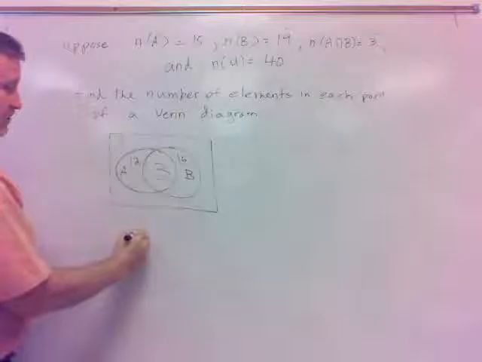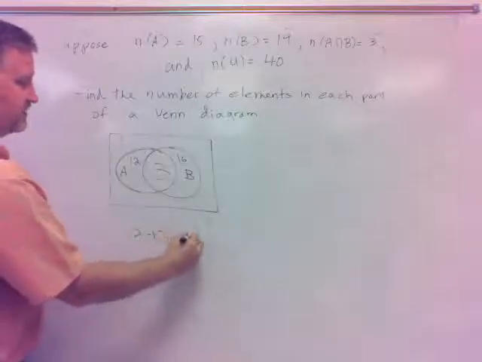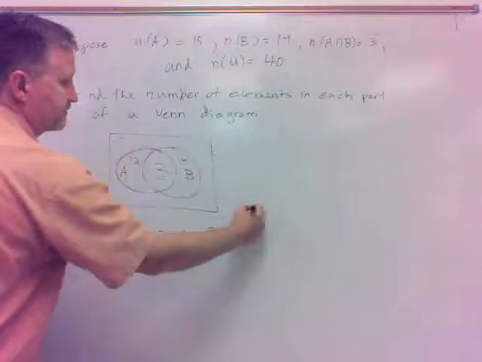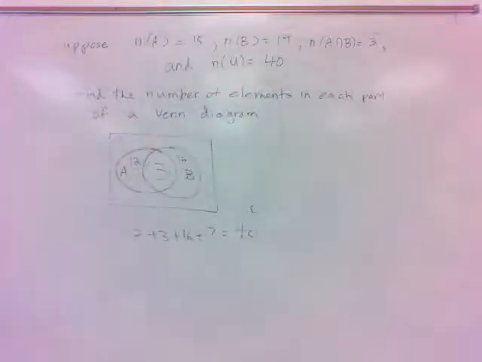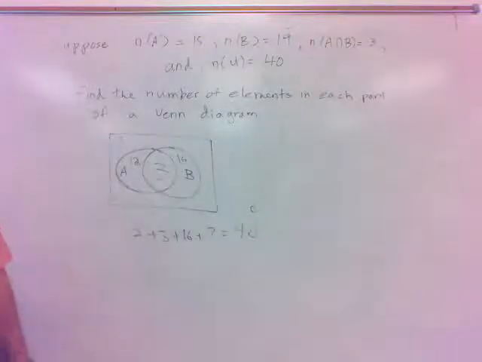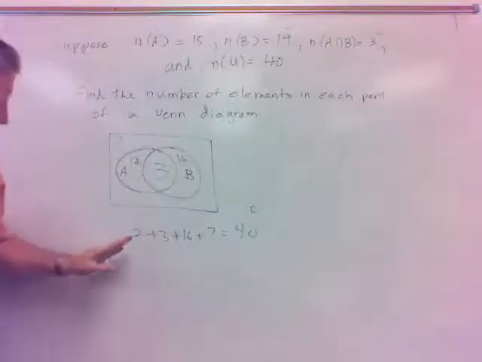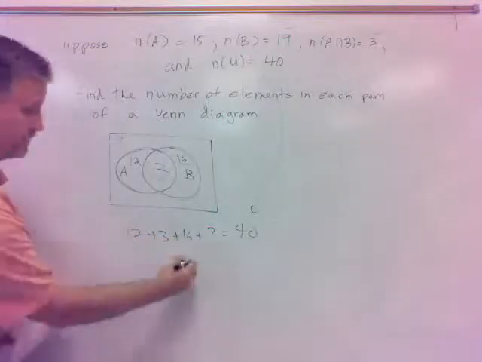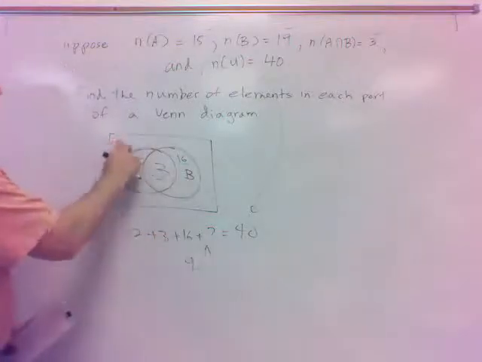So the 12 plus the 3 plus the 16 plus the outside part needs to be 40. The universal set's everything. Not just the outside, the universal set's everything. So what do I need to add to get 40 in this case? That's 15, that's 31, so it'd be 9, wouldn't it? That needs to be 9. So that tells me this needs to be 9.